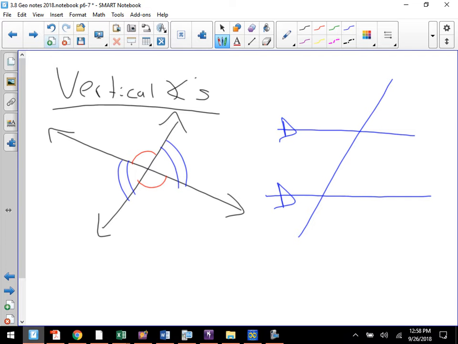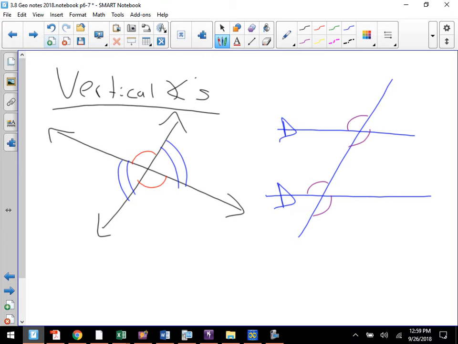When we picked that one spot, we then said, where's its vertical? Where's its alternate interior? Where's its vertical? And then we used those ideas of vertical angles, alternate interior, and linear pairs to decide whether or not angles were the same or angles created lines.